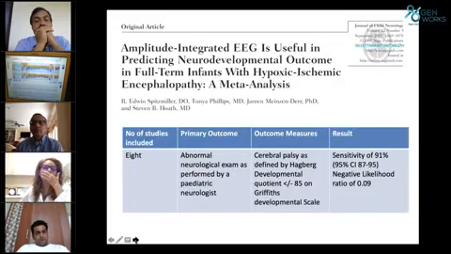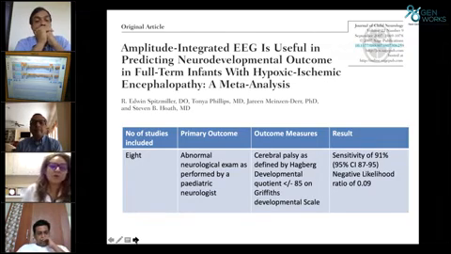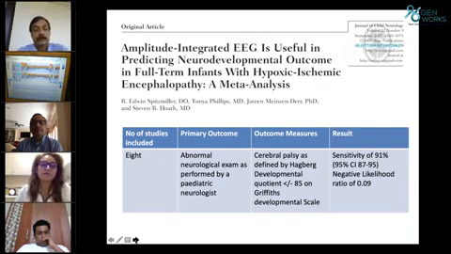Now, whether we can say this with conviction. There is a very good meta-analysis which was done, and it included 8 studies where the primary outcome was abnormal neurological examination as performed by the pediatric neurologist. And the outcome measure was CP as defined by Hegberg Developmental Quotient Score less than 85 on Griffith Developmental Scale.